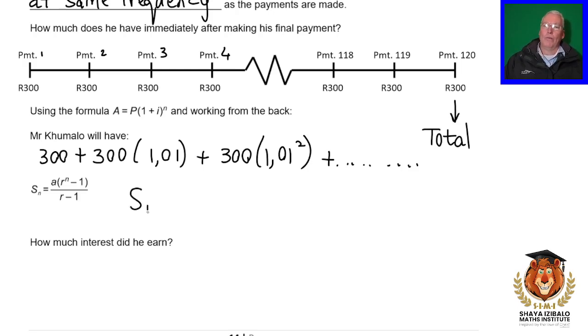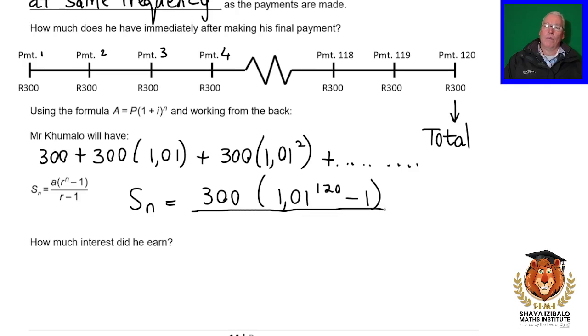So our total, if we add all of these up, is going to be a, r is 1,01, that's going to be 120 terms: 1,01 to the power of 120 minus 1, over 1,01 minus 1. Okay, let's work all of that out.